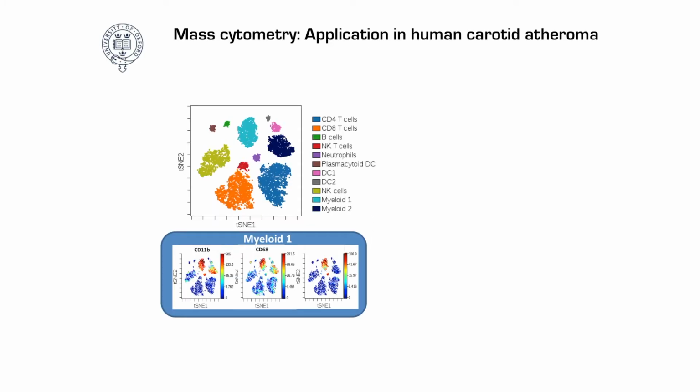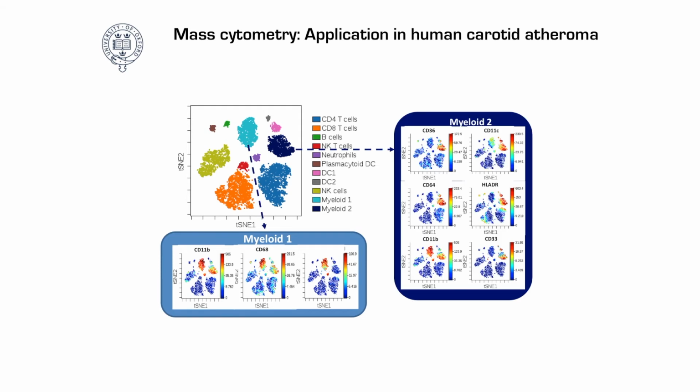To show you, for example, this technique can be applied to human carotid endarterectomy tissue, where you can identify populations of cells with clarity. You can identify your CD4 T cells, CD8 T cells, B cells, NKs, neutrophils, classical dendritic cells, and the various myeloid populations.